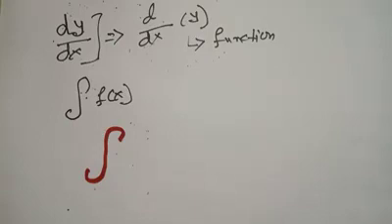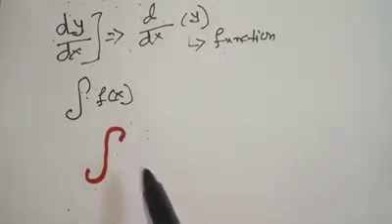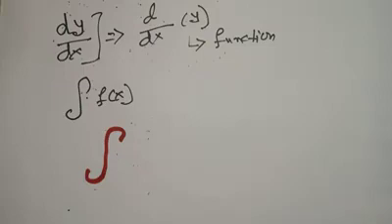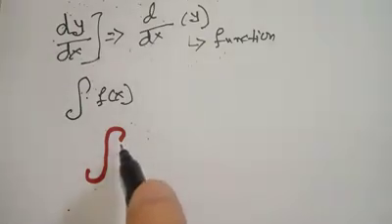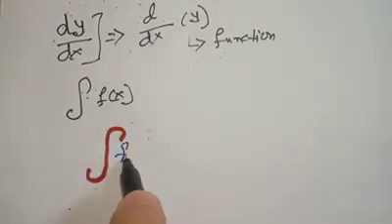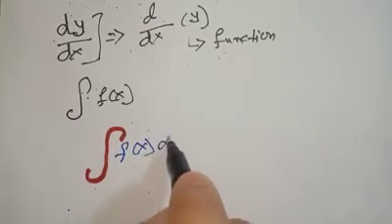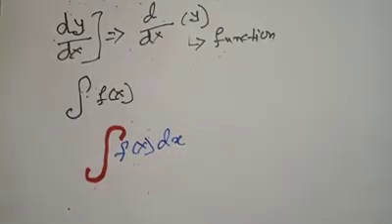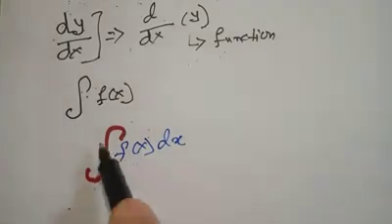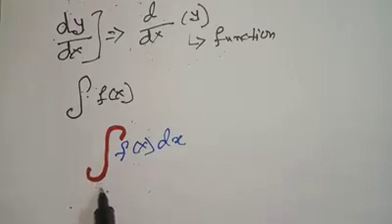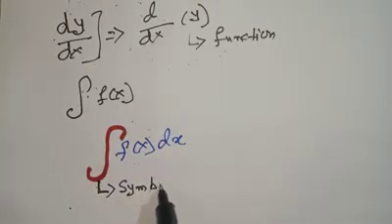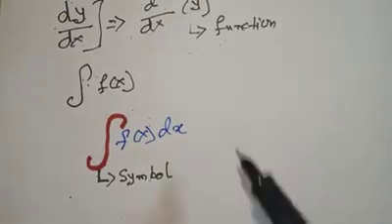And I put over here, in a different color, f(x) dx, right? Now what is important over this part is that this is the symbol, right? So I can write this as a symbol, right? And this is also the symbol.